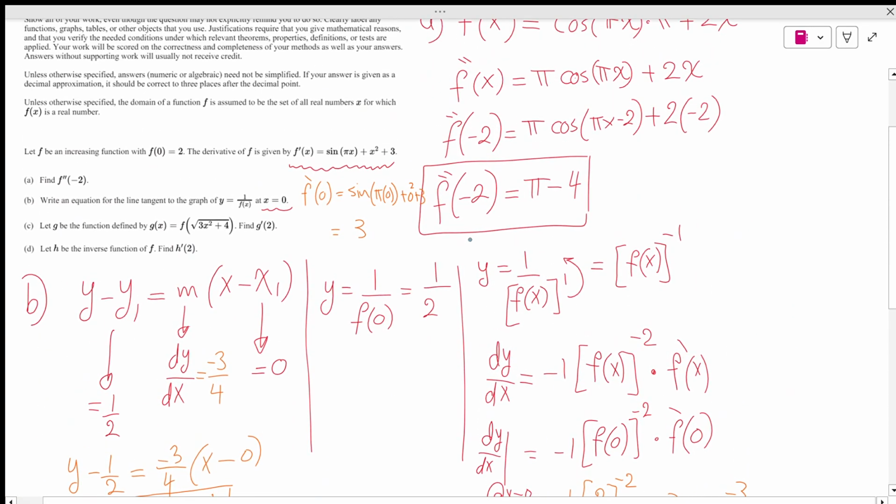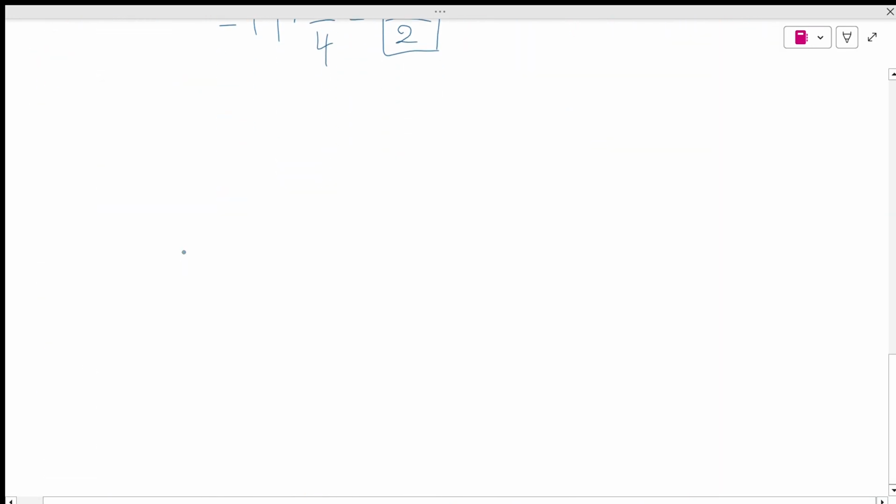Going back to the last part, it says let h be the inverse function of f. Find h prime of 2. Okay, for part D, we know that f and h are inverse to each other.